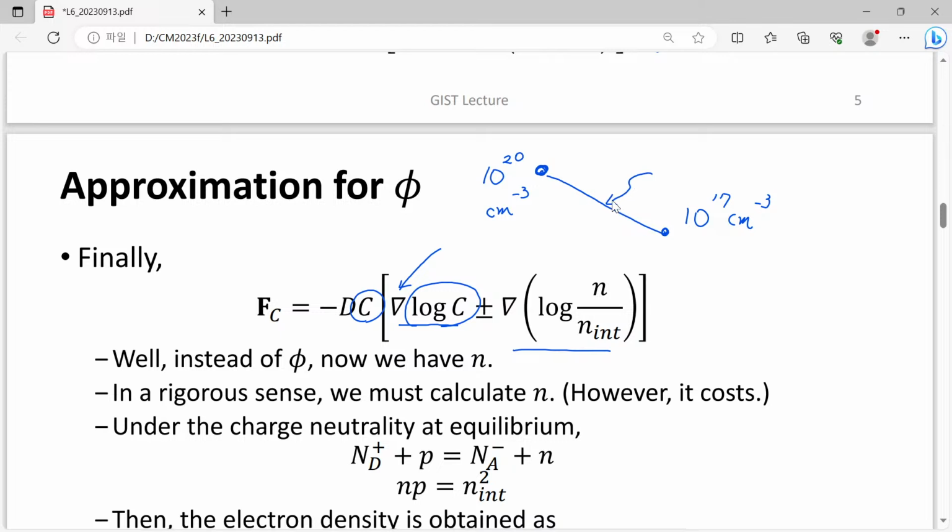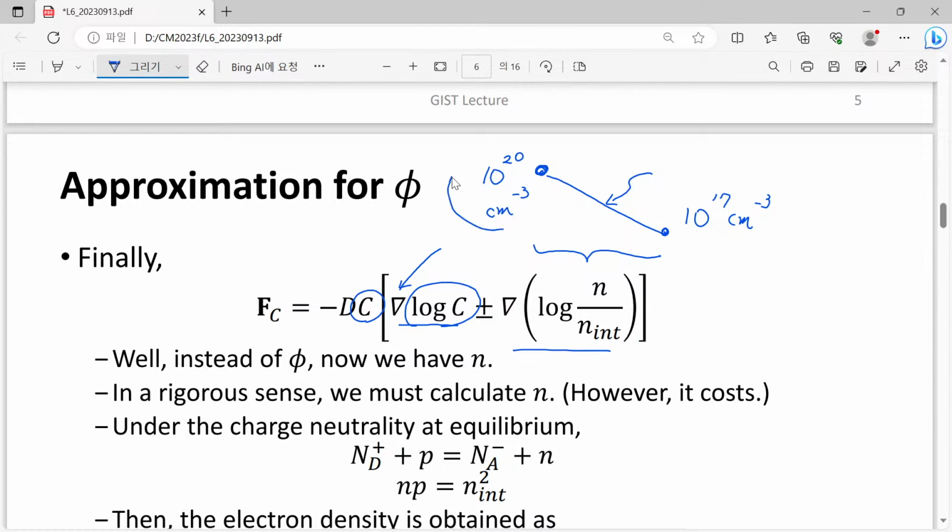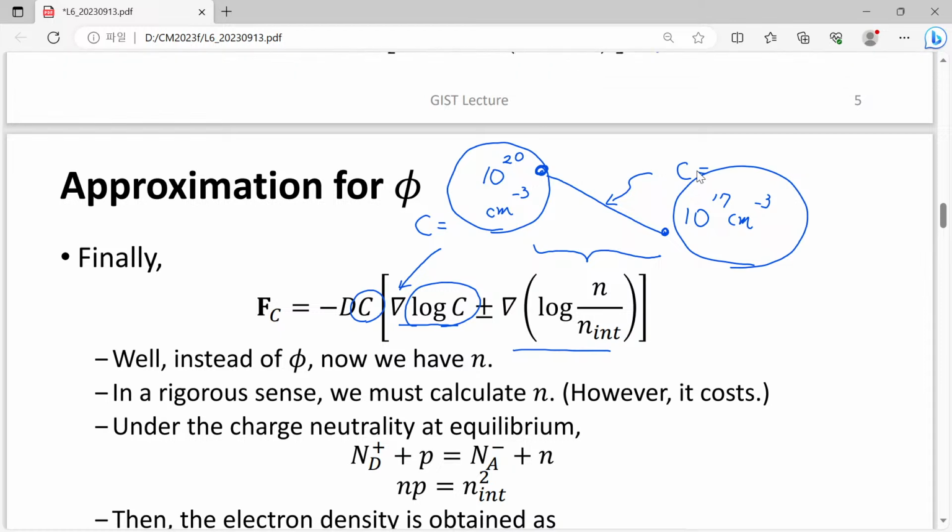But what I wanted to say is, in reality, when you try to solve a realistic problem, such a huge difference of concentration, C equal to 10 to the 20 and C equal to 10 to the 17, can happen quite frequently.